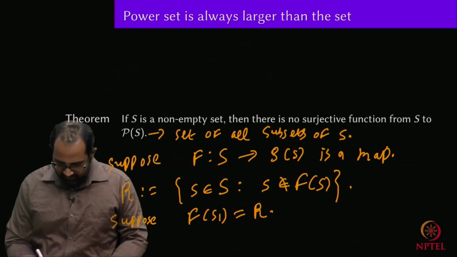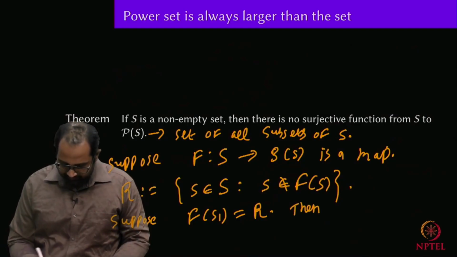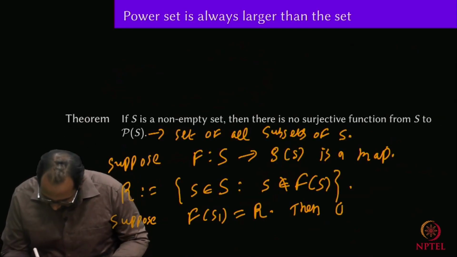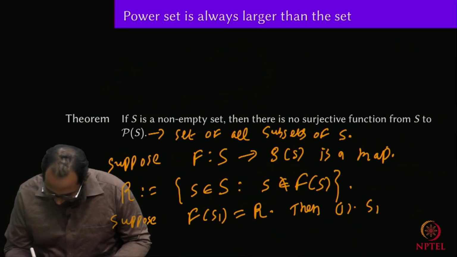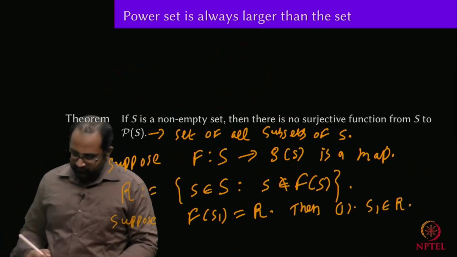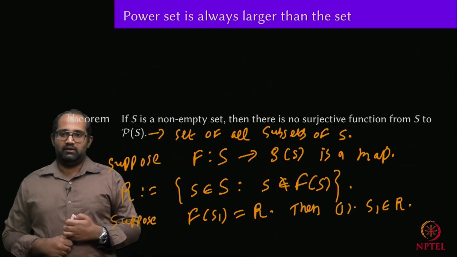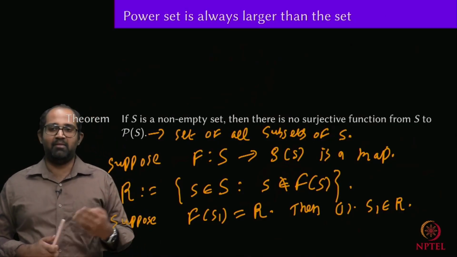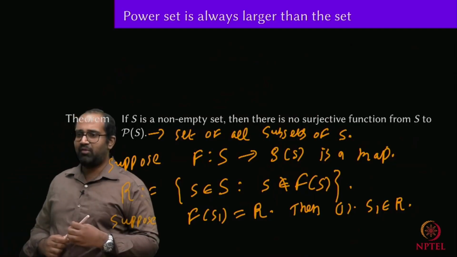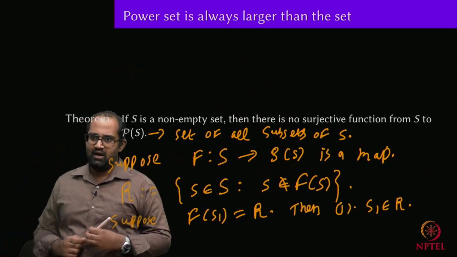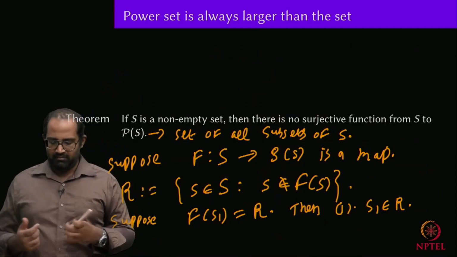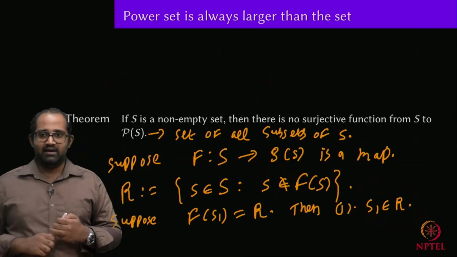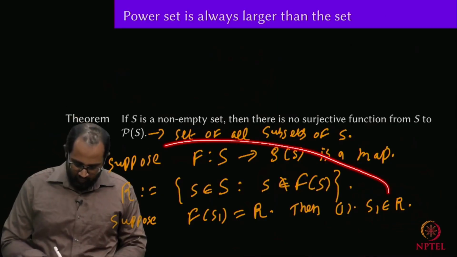Then there are two possibilities. The first possibility is s1 is in R. Well, that isn't possible, because if s1 is in R, then it cannot be in R. Why?